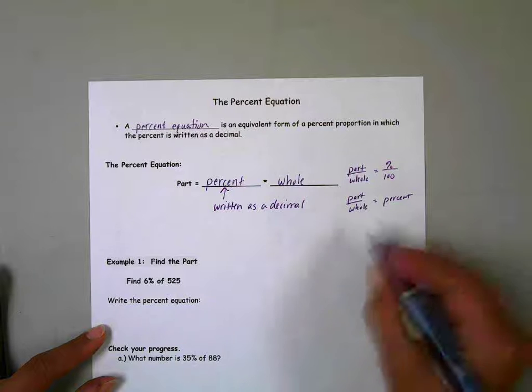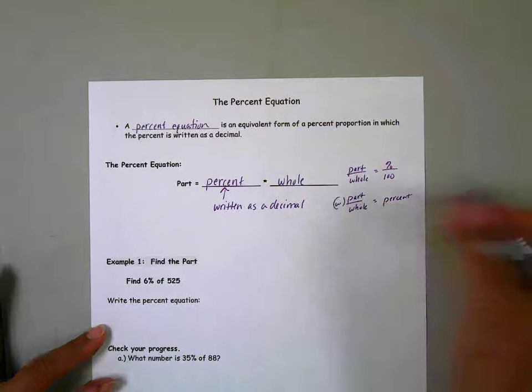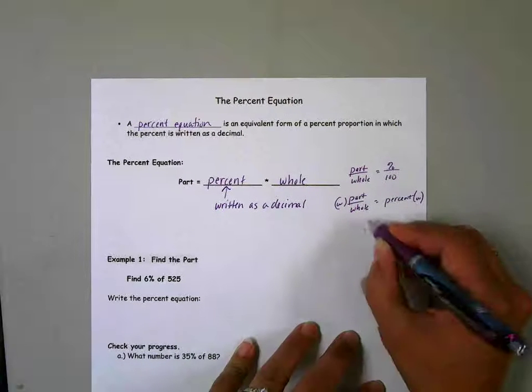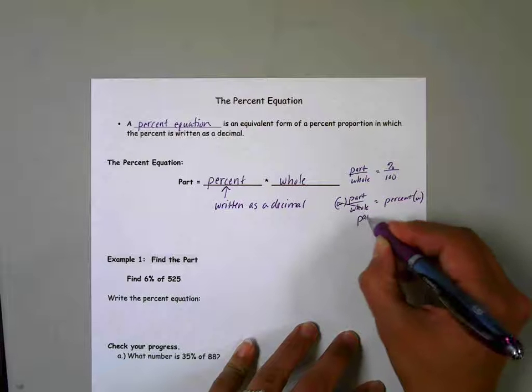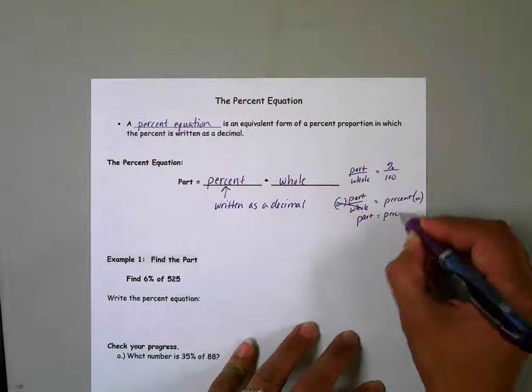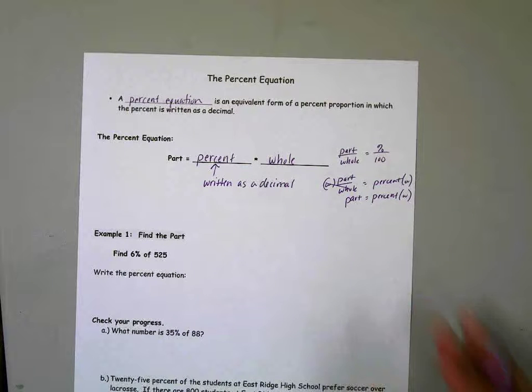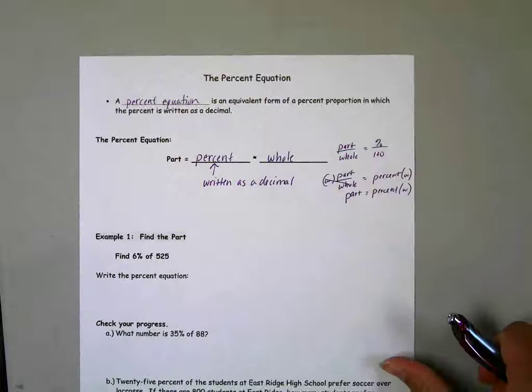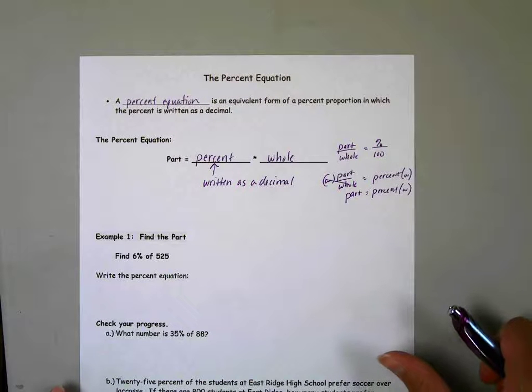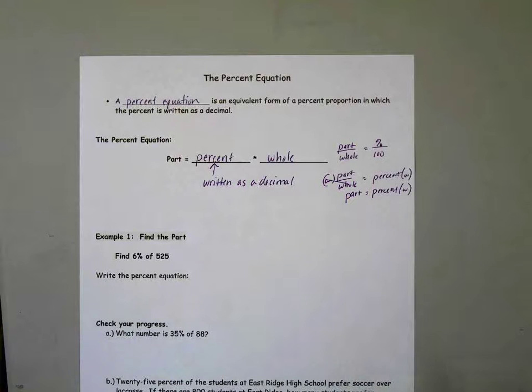And then if we were to solve this equation, we could multiply both sides times the whole, and that would cancel out, and we would get part equals percent as a decimal times the whole. That's just the way that this is derived. The percent equation is the same thing as the percent proportion. It's just derived differently.